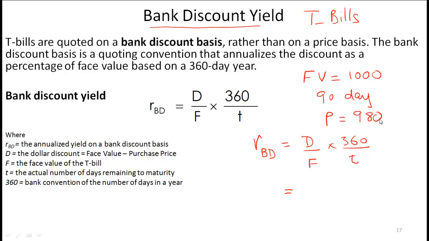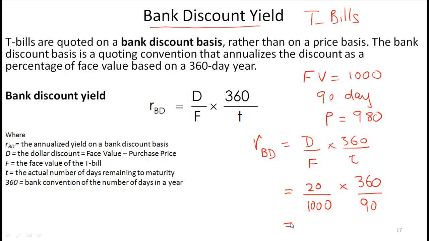So face value is 1000, price is 980, so the discount is 1000 minus 980, which is 20, divided by face value, which is 1000, multiply by 360, which is a simplification for the number of days in a year, divided by T, which is 90 days.